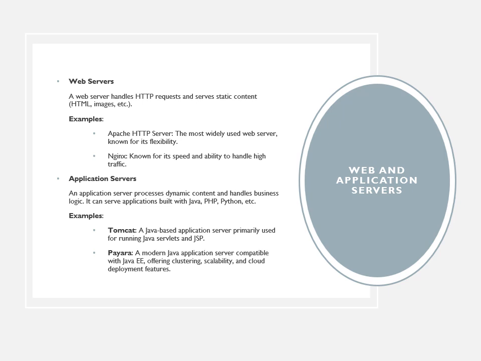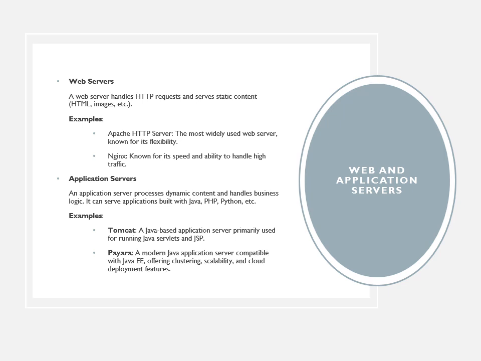So now, since we know what a web server is, let's look at an application server. An application server processes dynamic content and handles business logic. It can serve applications built with Java, PHP, Python, etc. So you can see web servers generally handle HTTP requests, while an application server processes dynamic web content.